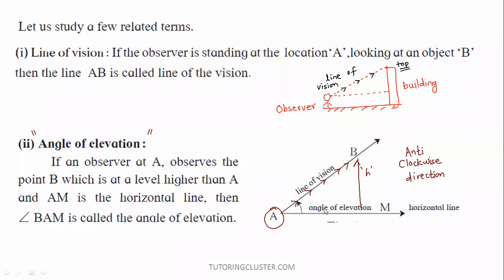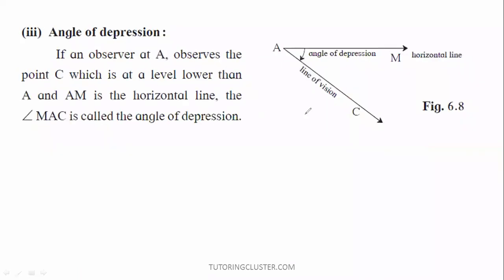Now the second angle is the angle of depression. Again, let us consider the observer is at A. We can consider this as the ground. Let's say the observer is standing at the top of the building and is observing something on the ground. Now let's say there is a bike or a car here.